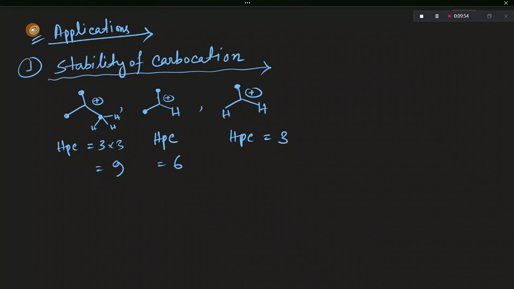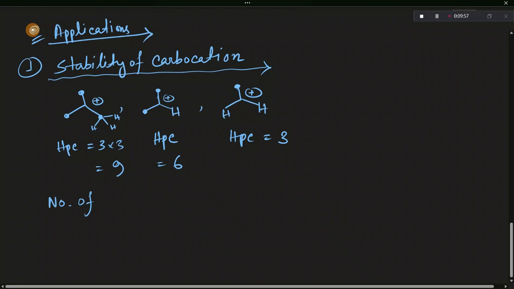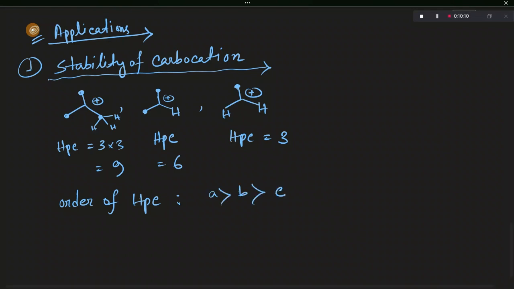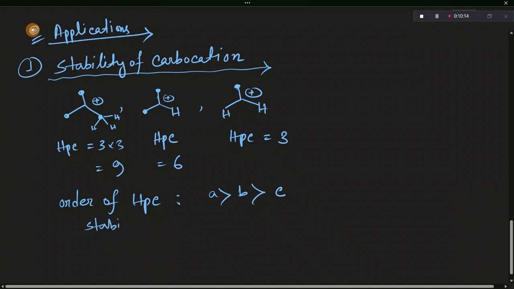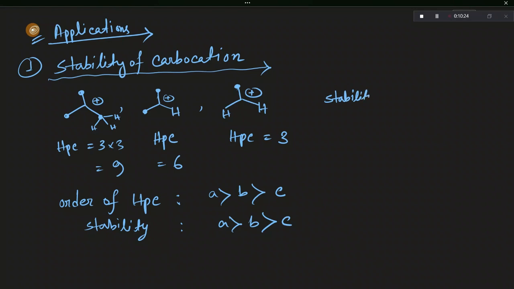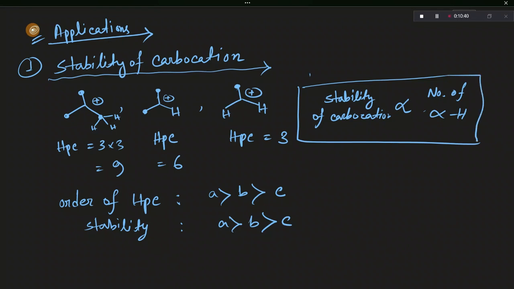So the order of hyperconjugation is A greater than B greater than C, and the stability is also A greater than B greater than C. So we can say the stability of carbocation is proportional to the number of alpha hydrogens or hyperconjugating structures. This is a very important point.